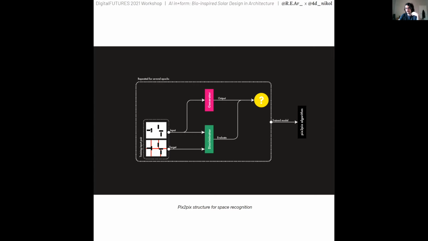So the way that this project did spatial recognition is, okay, we have this image, and me as a human, as an architect, I go there and I draw these red lines that for me represent where the spaces should be separated in this configuration. And I feed this into pix2pix in order for the algorithm to learn how to draw those red lines.